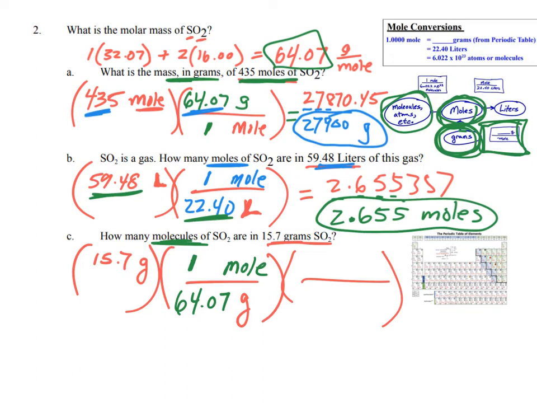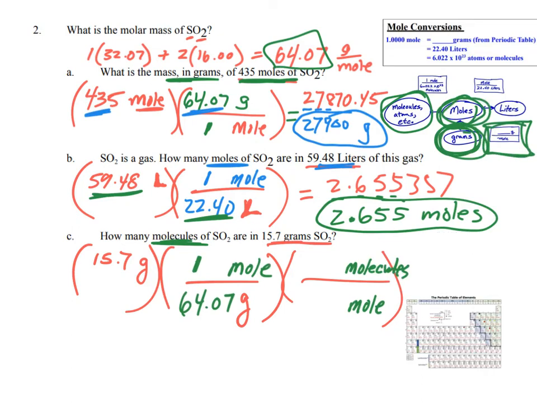Now, if I ended now, I would end up in moles. I want to end up in molecules. So the next step is going to have moles on the bottom and molecules on the top. That would be 1 mole and 6.022 times 10 to the 23rd molecules. All right, we're set for the calculator.